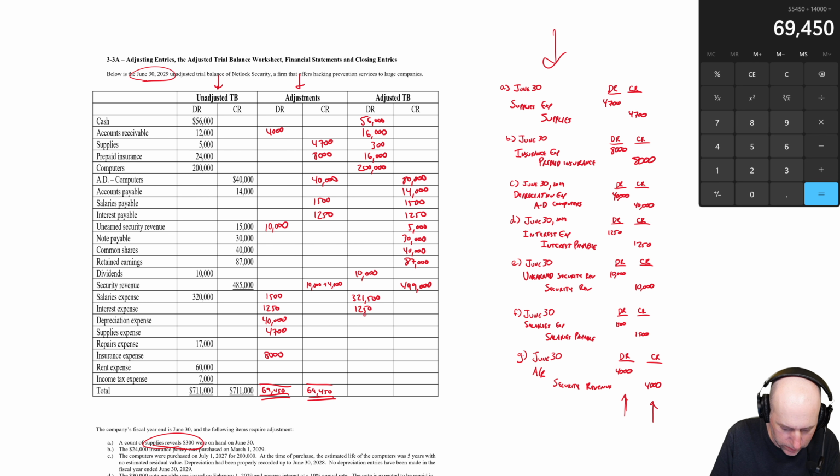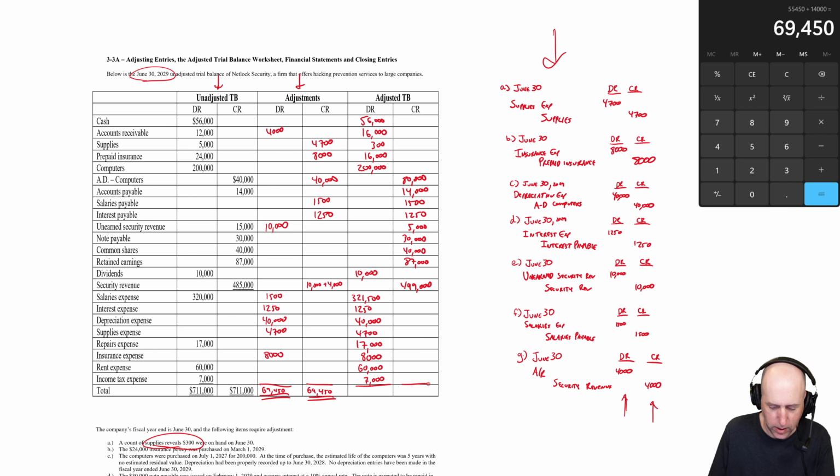Interest expense, 1,250. Depreciation, 40. Supplies expense, 4,700. Repairs expense, 17,000. Insurance expense is 8. Rent expense 60, and taxes are 7.